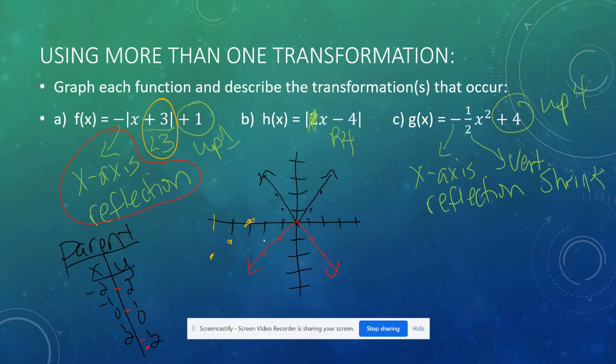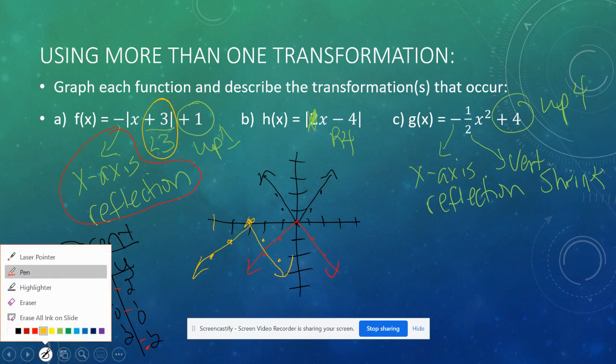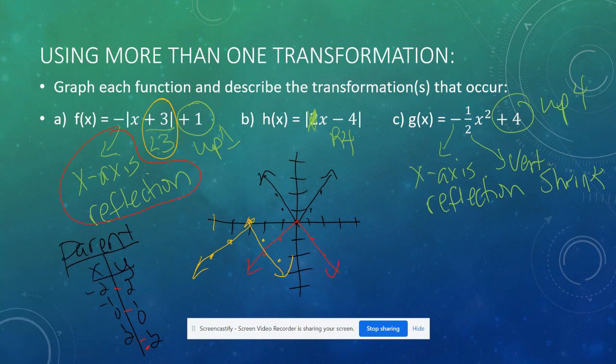And there is my left 3. And last but not least, we have our up 1. And I'm going to put that in blue. So we take all of these and slide them up 1. And there's the blue. So that blue one would be our final answer.